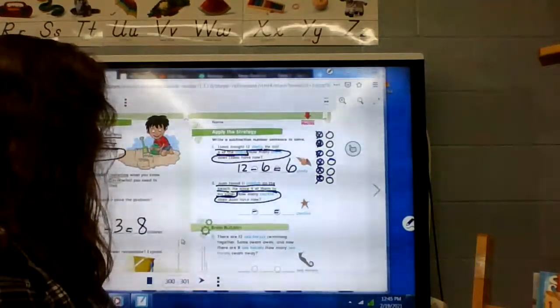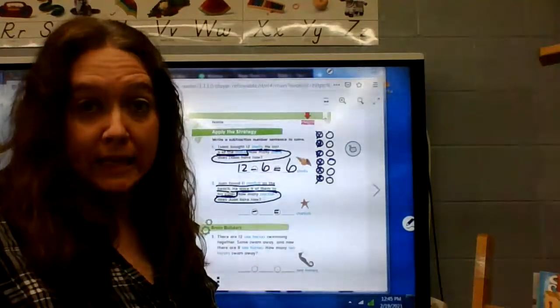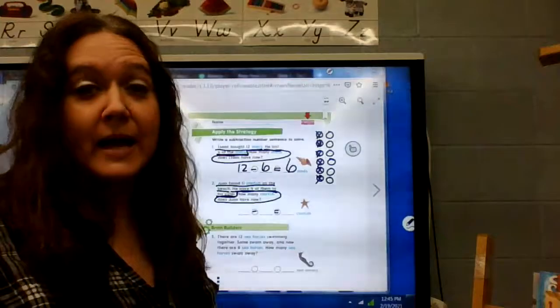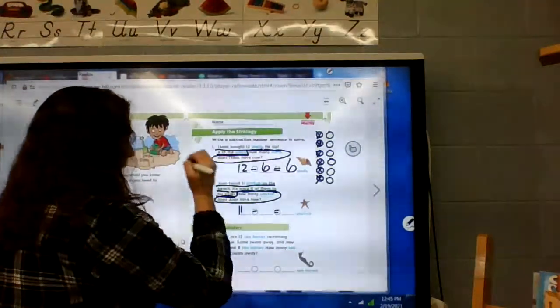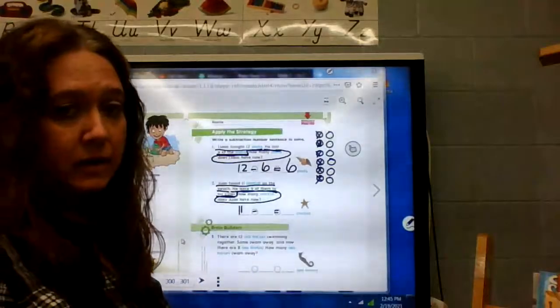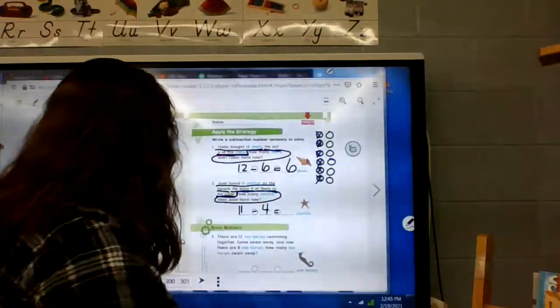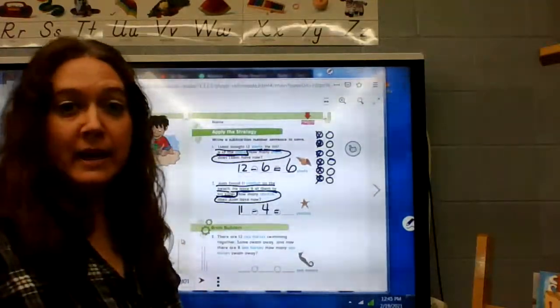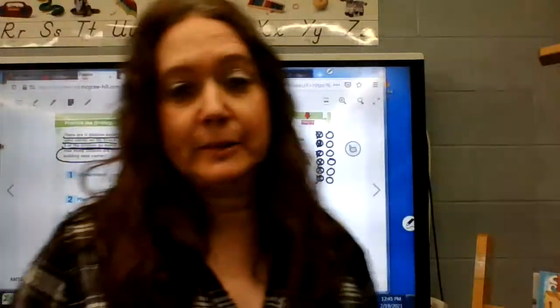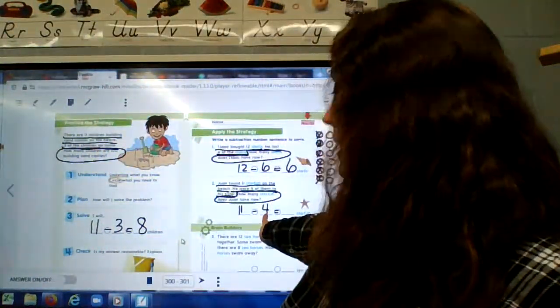Okay, how many starfish were there at the beginning? Juan had 11 at the beginning. How many did he give away? 4. Okay, you could draw pictures, or I'm going to do the counting back. We know we need to count back 4, right?